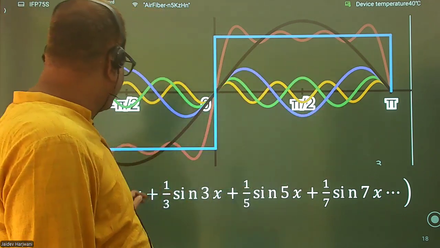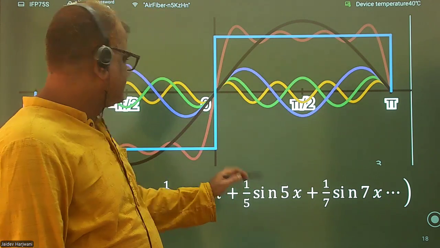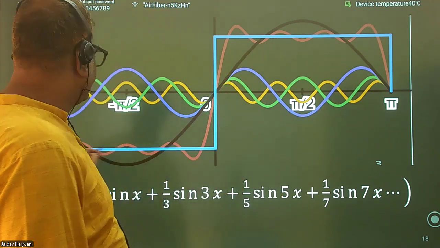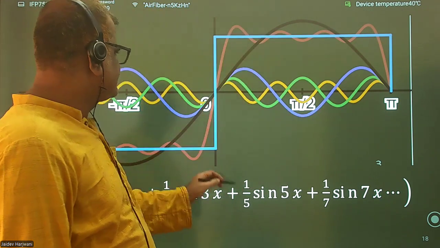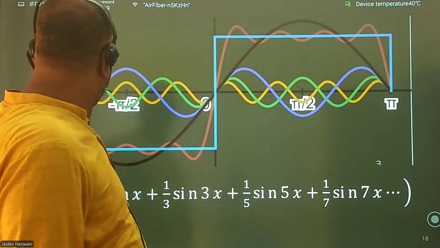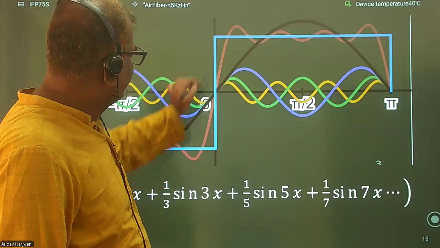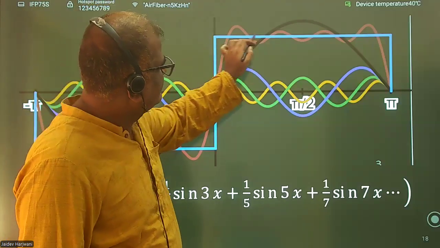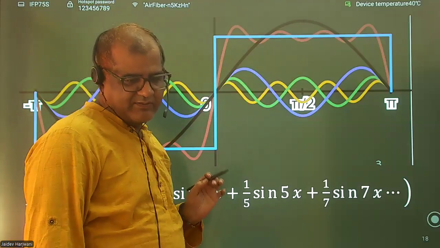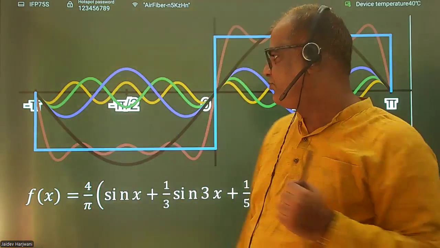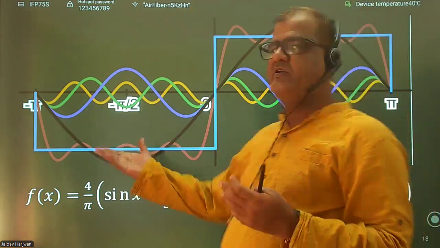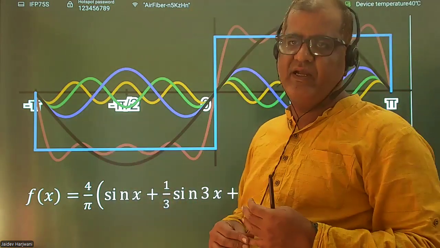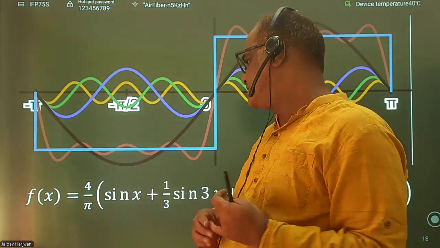As I keep on adding the harmonics, it approximates my square wave. If the number increases, this red curve will almost completely become like your square wave. So this is your Fourier series, where you can write any periodic function in the form of an infinite series of sine or cosine.